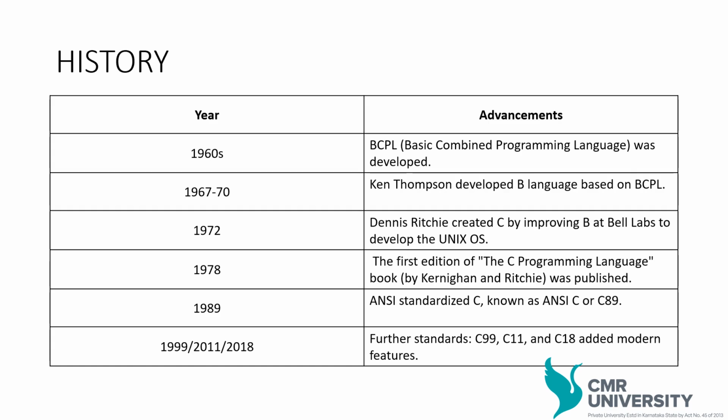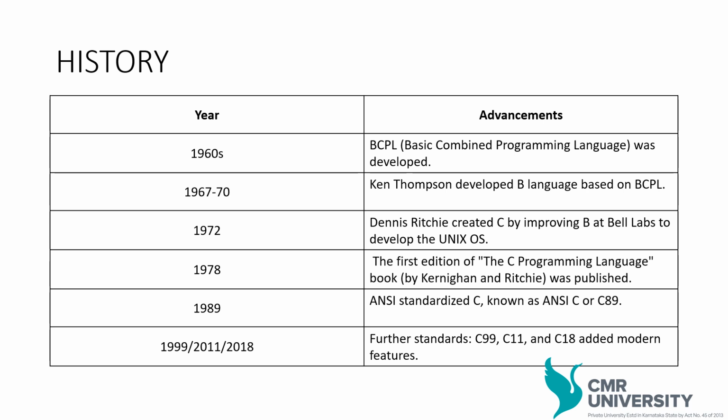Next, we will go through the history. In the 1960s, we hadn't developed C at the first go. We developed Basic Combined Programming Language, BCPL, and in 1967 to 70, Ken Thompson developed the B language based on BCPL.